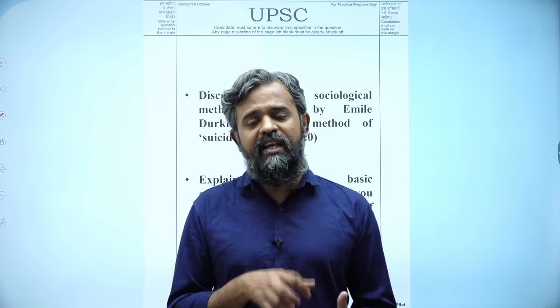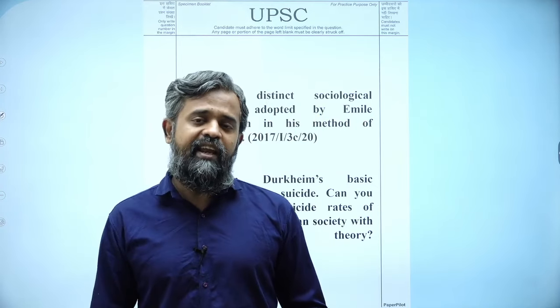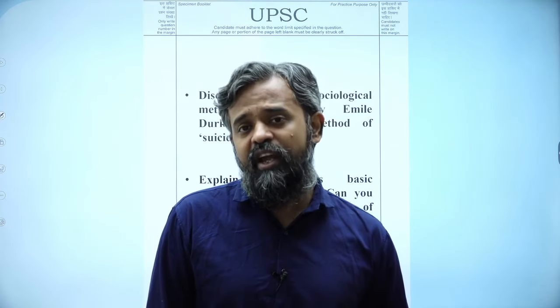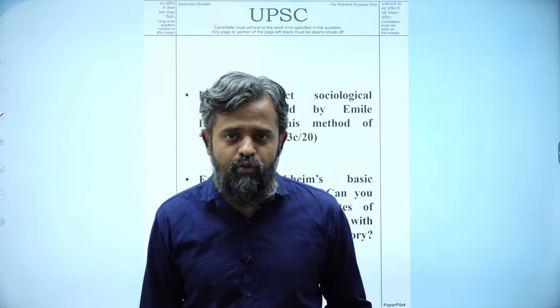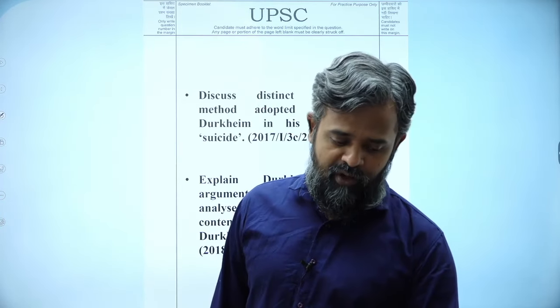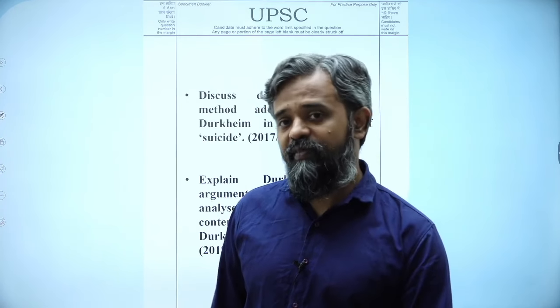In Suicide, he applies the sociological method and helps us understand how a sociological study is to be carried out in relation to an act that is pretty much by everyone considered an individual act. So he wanted to prove the power of the new science of sociology, the power of this new discipline that had come to the fore.